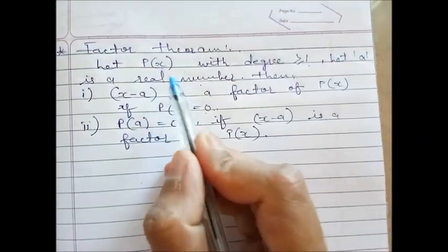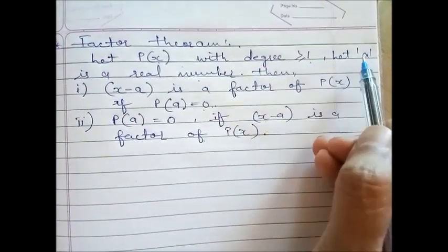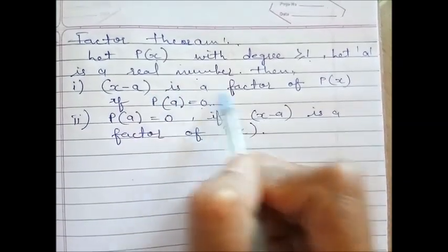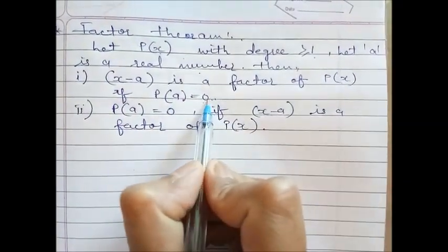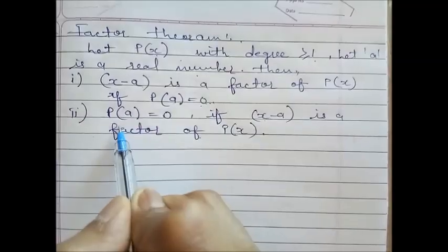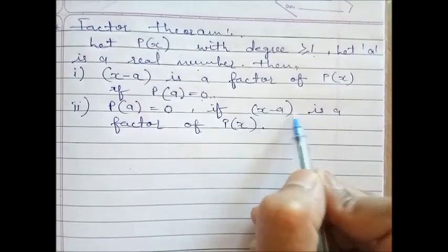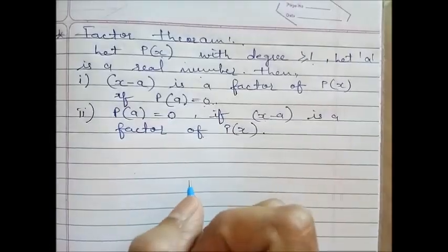That is our factor theorem: p of x, any polynomial with degree greater or equal to 1, a is any real number, then if x minus a is a factor of p of x, then your p of a will become 0. Or if your p of a is 0, then we can say that x minus a is a factor of the given polynomial, right?